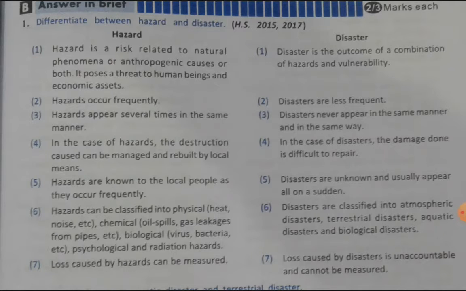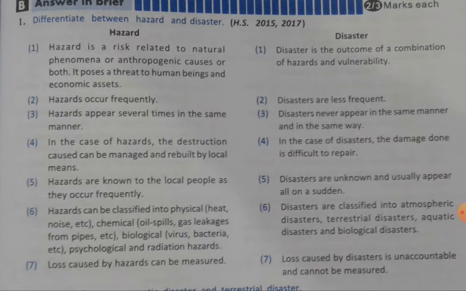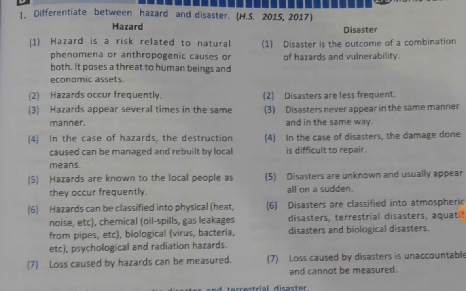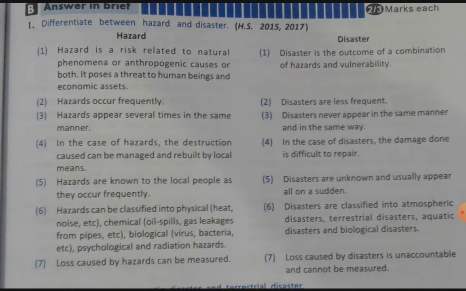The hazard can be classified into physical: heat, noise, etc.; chemical: oil spills, gas leakage from pipes, etc.; biological: viral, bacterial, etc.; physiological; and radiation hazards, etc. And disasters are classified into atmospheric disasters, terrestrial disasters, aquatic disasters, and biological disasters. And number 7, the loss caused by hazard can be measured. Loss caused by disaster is unaccountable and cannot be measured.